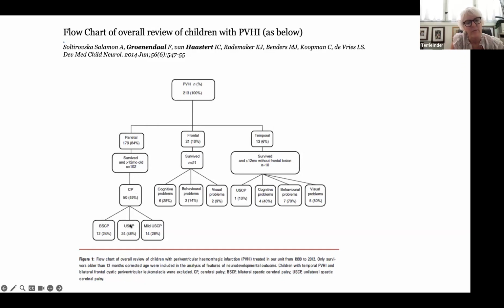And if they had cerebral palsy, the vast majority was only in the upper extremity in terms of spasticity. So 70% of them had only upper spastic cerebral palsy or mild upper.